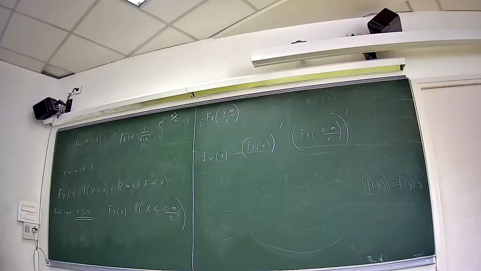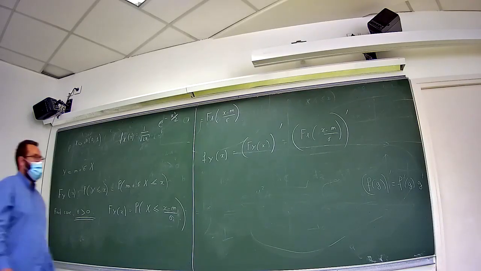So it's exactly what we are going to apply with small f, that is F of capital X, and small j, that is (x minus m) over sigma. When I compute the derivative of capital F, what do I obtain?